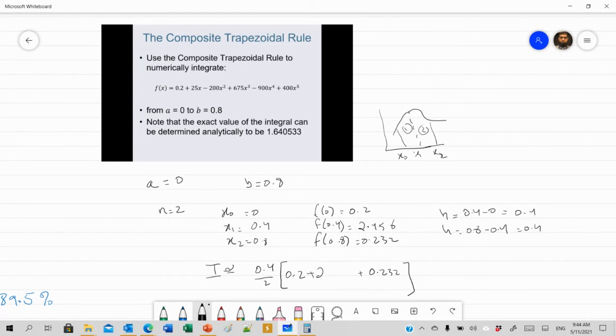Whatever is in the middle, you multiply it by 2. Please remember that here we have the function values. Some students get confused and they put the x values here.